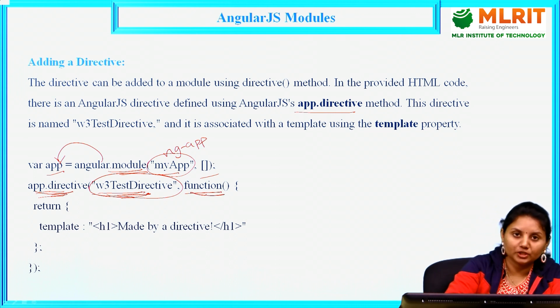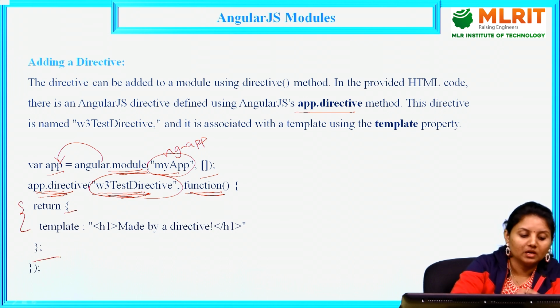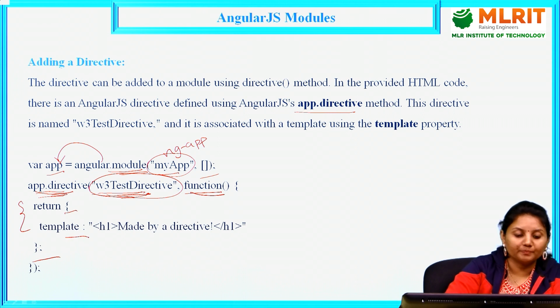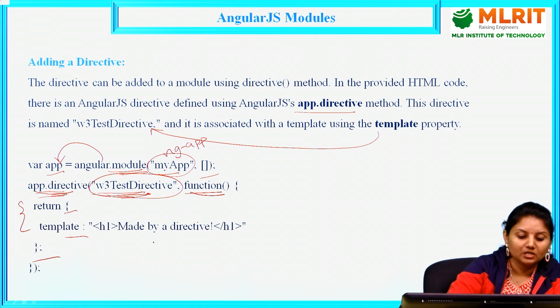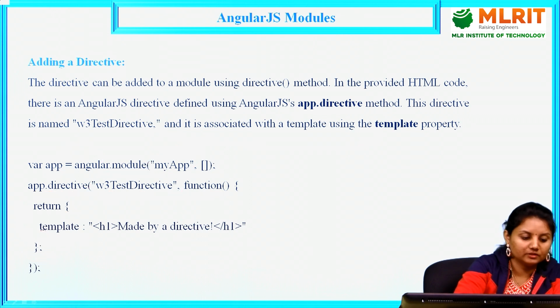So what is this function going to do? It is returning the template. I told you this template will be in your directive. Here it is template, in small case, followed by the colon. This template is given under your w3TestDirective, and this w3TestDirective is given under your app.directive.